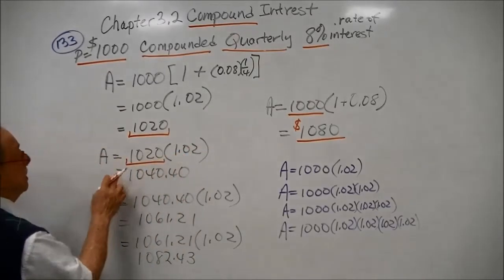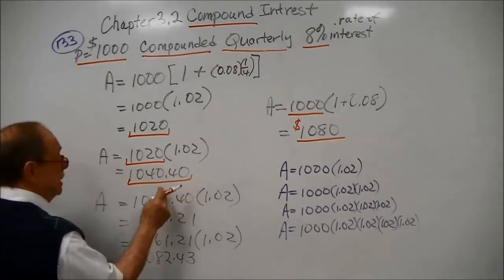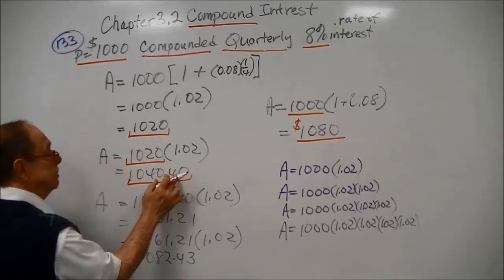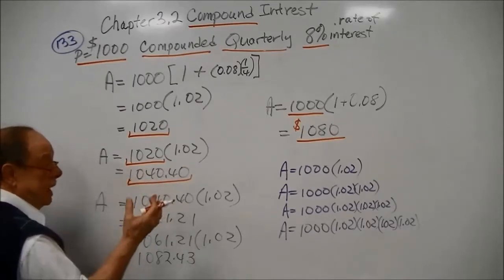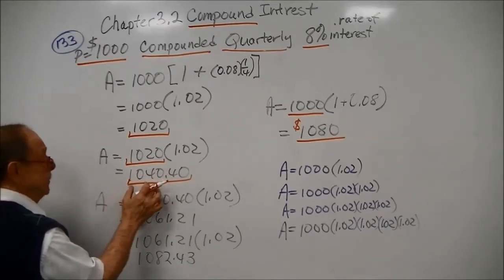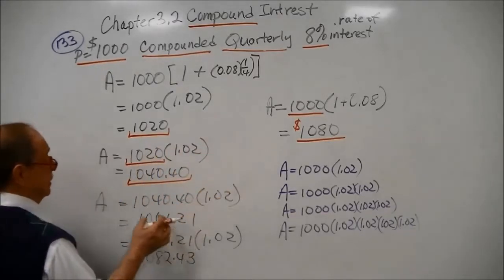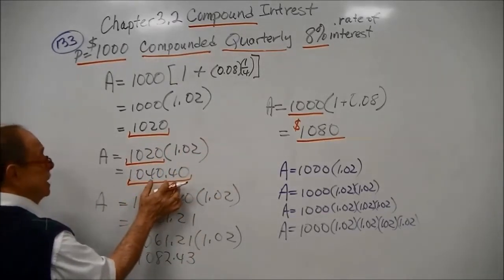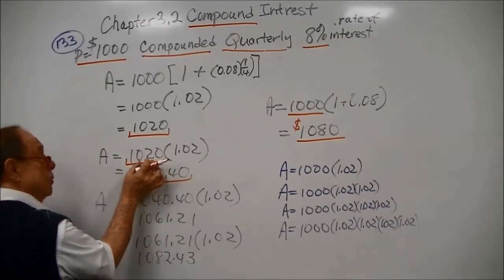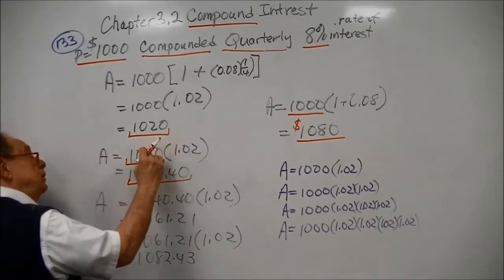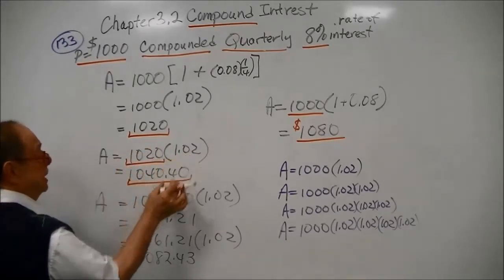And when we do that multiplication, we end up with this amount. Now notice it's a little bit larger than the $1,040 that we had if it was going to be regular, because we didn't have 1,000 anymore, we have the interest included in our principal, and that's what we're multiplying.